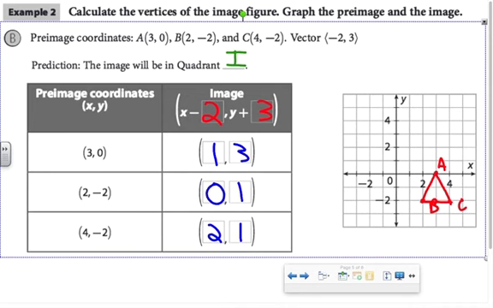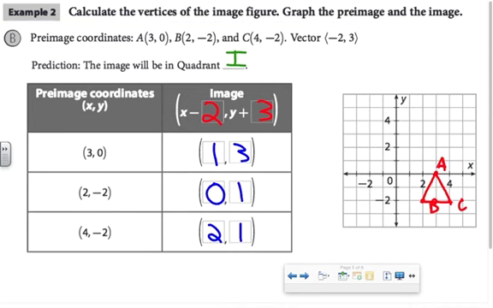Let's plot it. 1, 3, that's A prime. 0, 1, there's B prime. And C prime is at 2, 1 here. And so when I connect the dots, I find that my prediction was correct. My image is in quadrant 1.